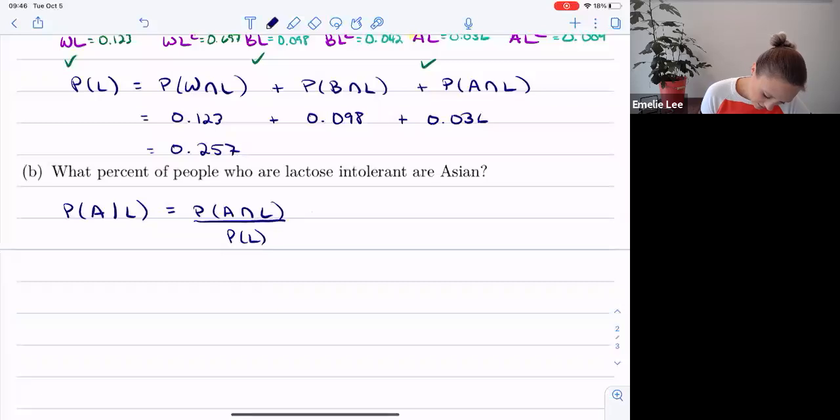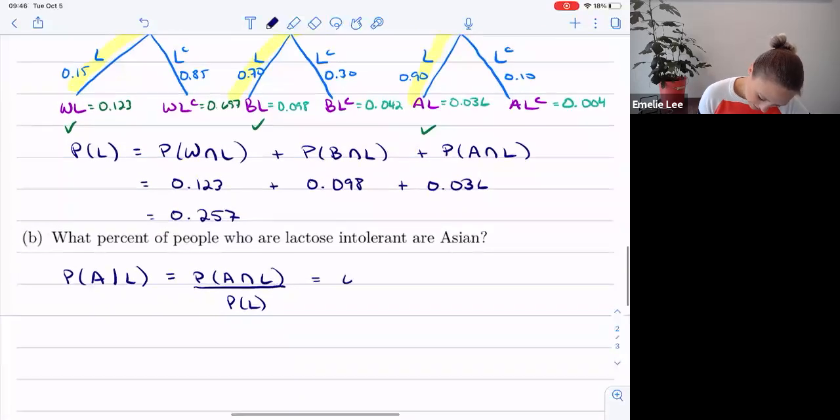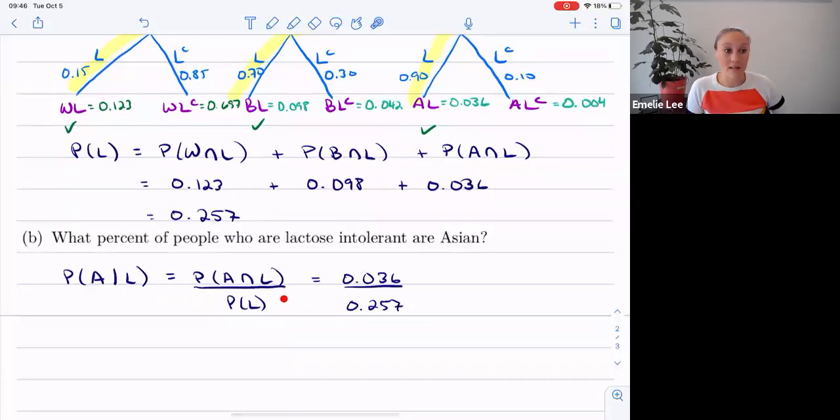So then that's going to be 0.036 divided by 0.257. Luckily, and as is always the case, we found the probability of L in part A, so then we would rely on that here. If we hadn't, then you would have had to find that first, right?